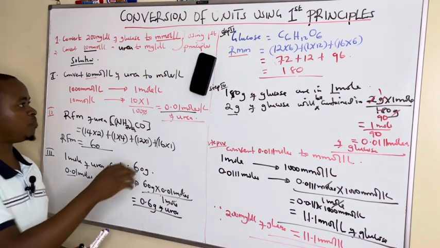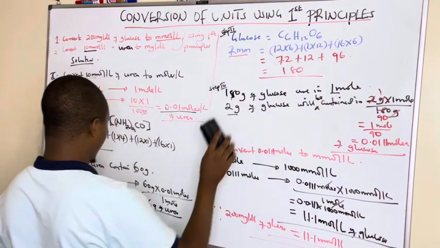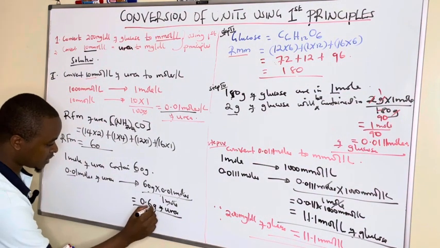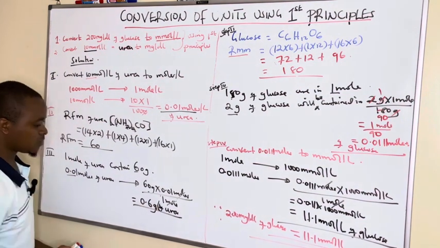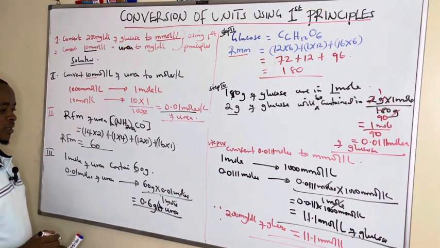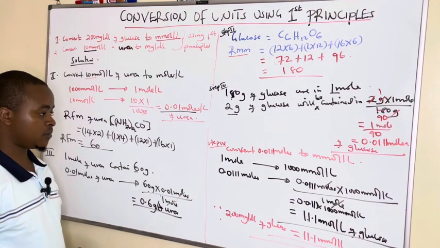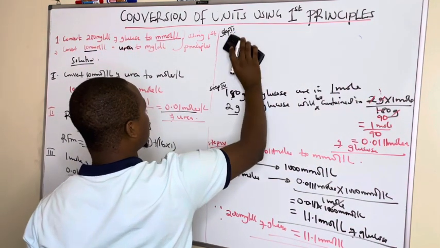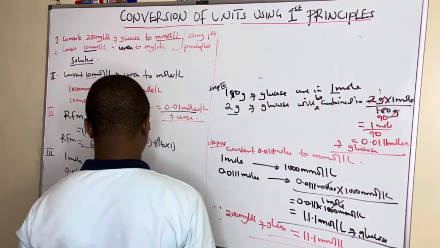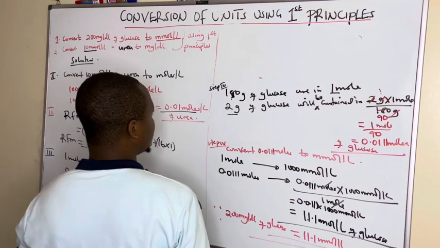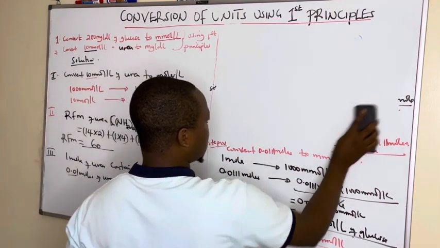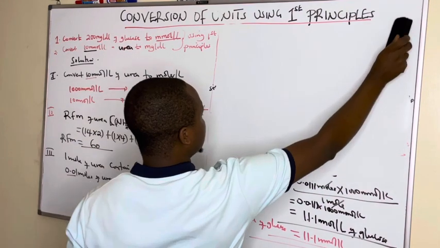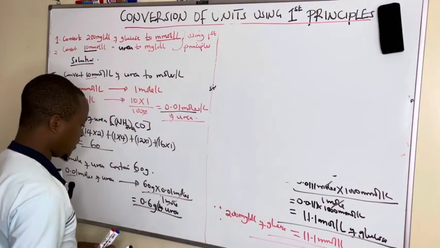Then the last step is now to convert, and these grams are in a liter, meaning in 1,000 mils. So this one is grams per liter. The last step we shall need to do is to convert grams per liter to milligrams per deciliter, since the answer is needed in milligrams per deciliter.